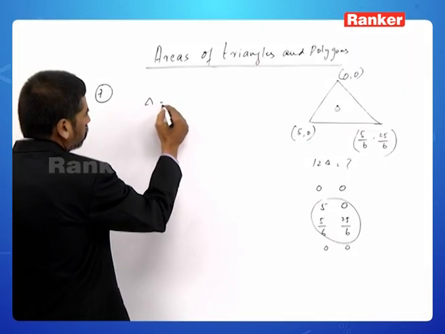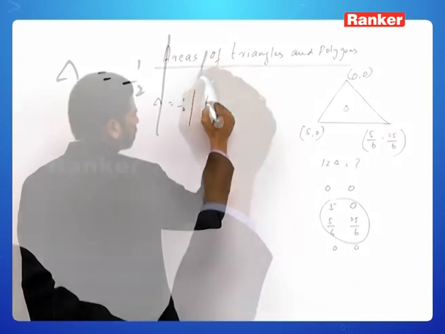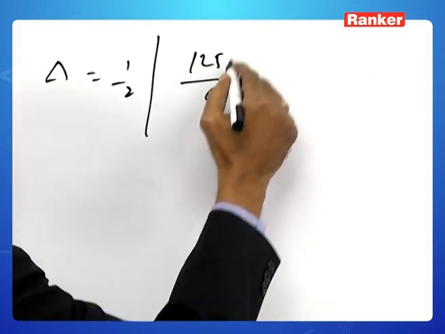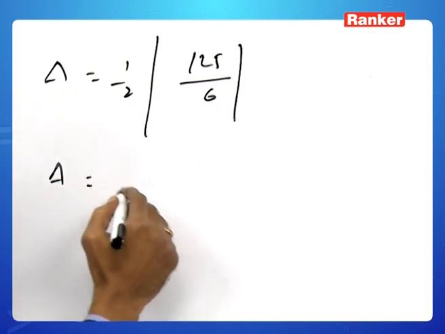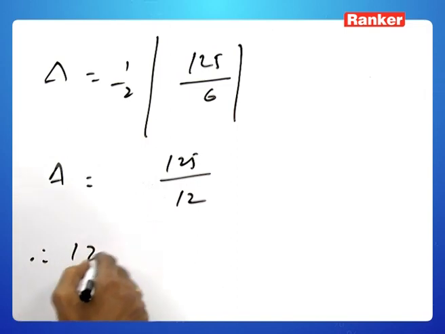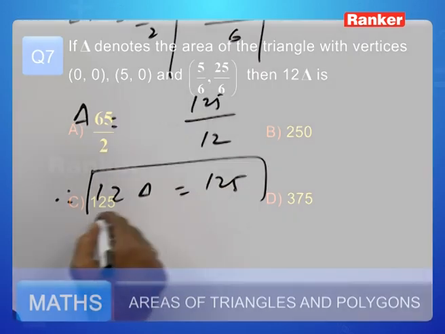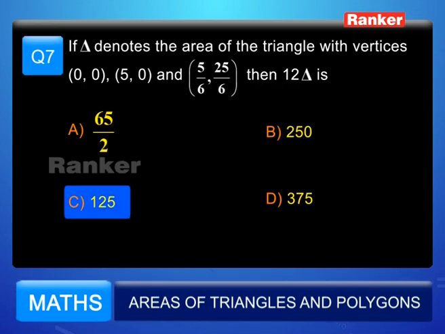So delta is equal to half mod 125 by 6. So delta is equal to 125 by 12. Therefore 12 delta will be straight away 125. You can see option C is correct for this problem.